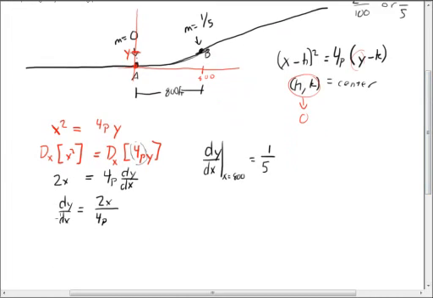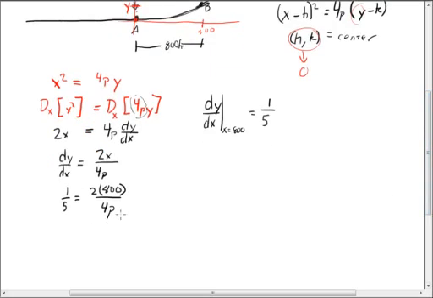Okay. And evaluate at x equals 800. 1/5 is equal to 2 times 800 over 4p. Now we can find p. So I would cross multiply here. So 4p is equal to 10 times 800, and 5 times 2.